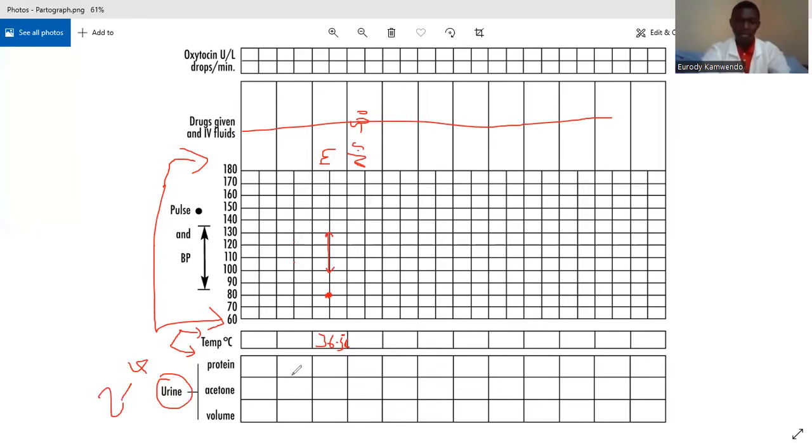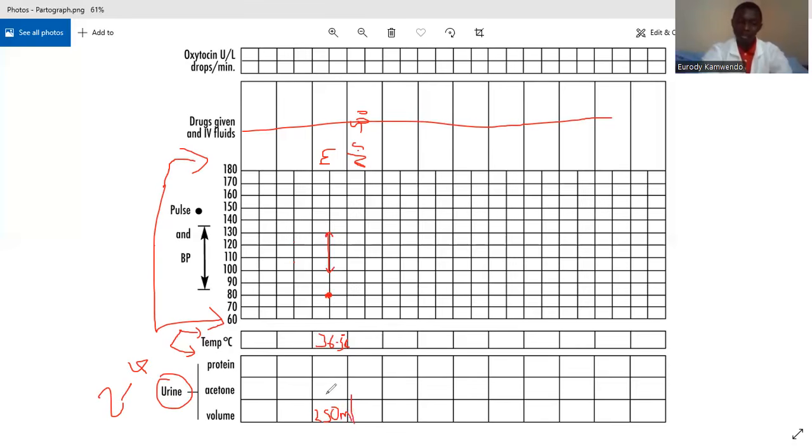If there's presence of protein, you indicate with a plus that proteins are there. If there's presence of acetone, you indicate it, and also indicate the volume. So let's say when the urine comes out from this woman, the urine output is 250 mils. It means that here you record 250 mils, like that.